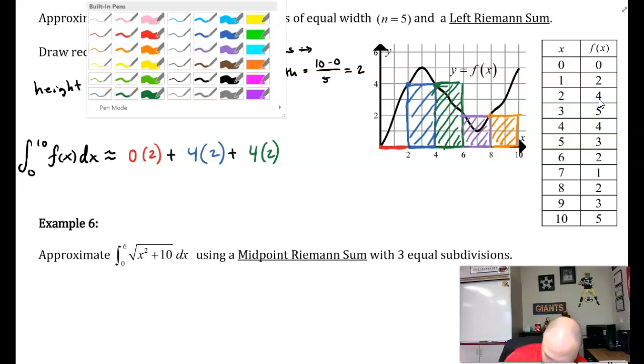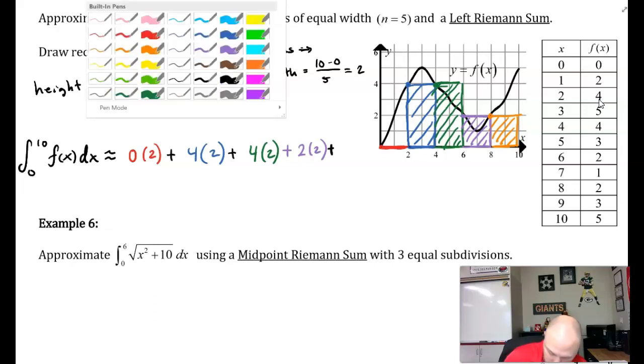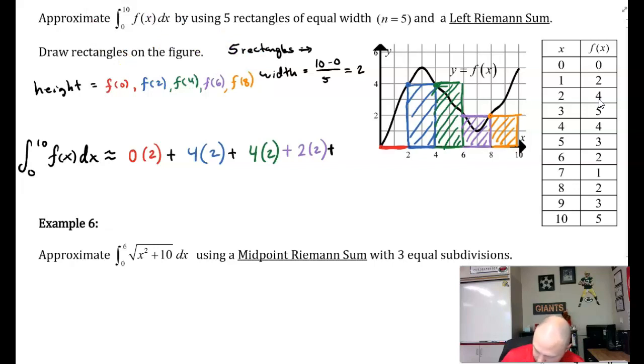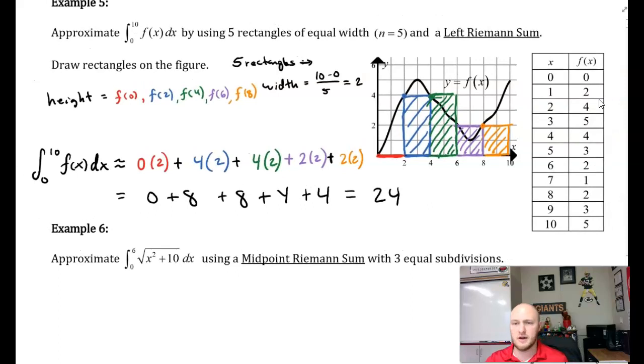Then plus f of 6, which is 2, times 2, plus f of 8, which is 2, also times 2. Now I can calculate this: 0 plus 8 plus 8 plus 4 plus 4, which is 24. That is the approximate area of the left Riemann sum.